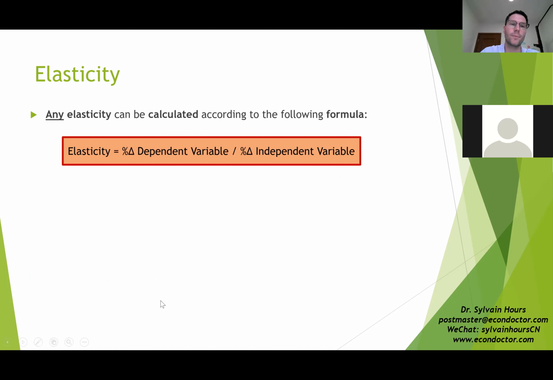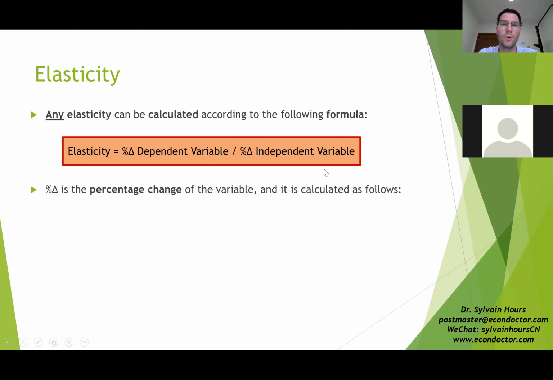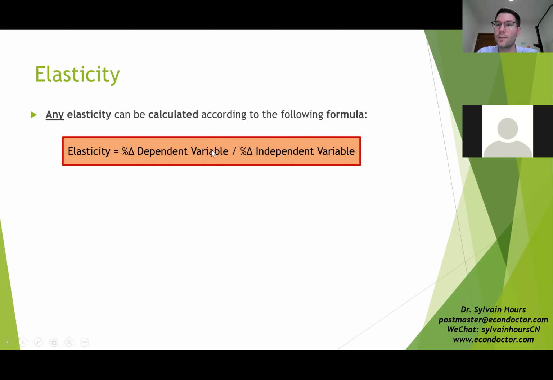It's always the percentage change of the dependent variable over the percentage change of the independent variable. So if you really want to keep it simple, that's sometimes what I do. I just say that it's the percentage change of the consequence divided by the percentage change of the cause. Okay, to keep this in mind.